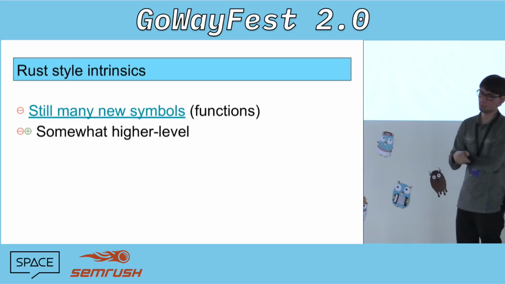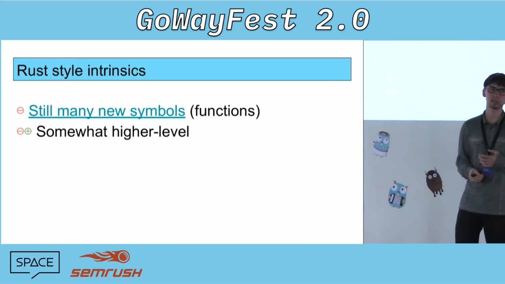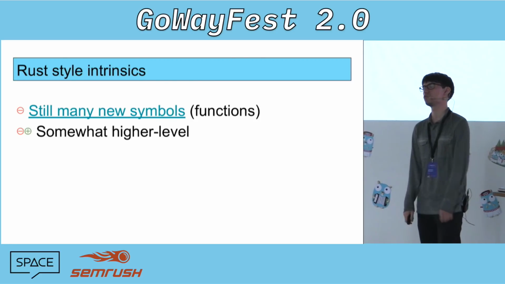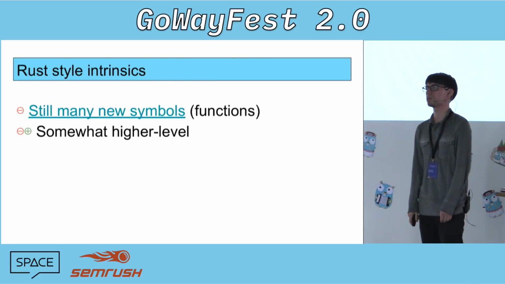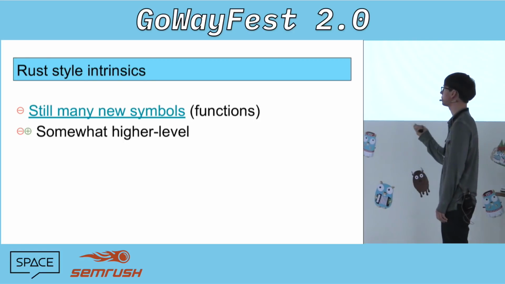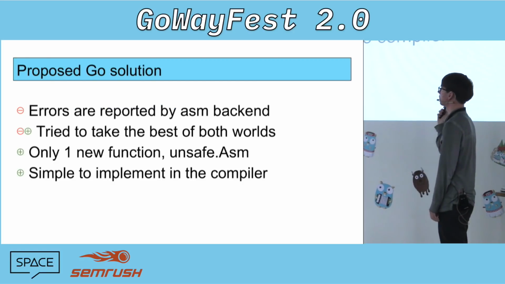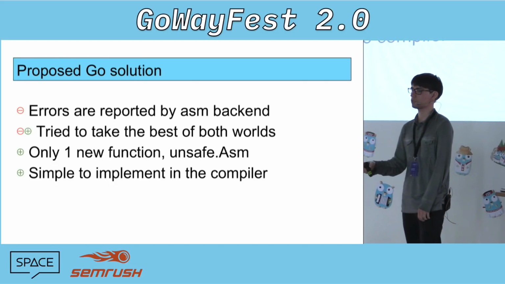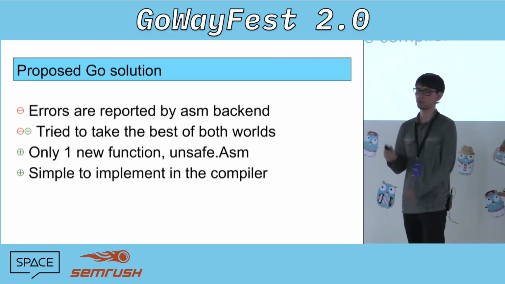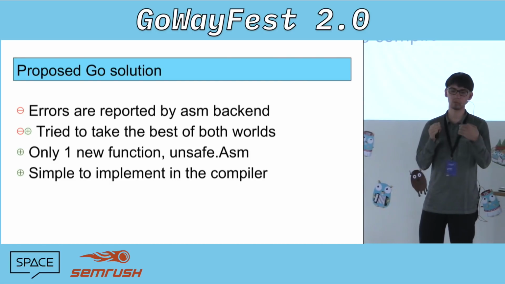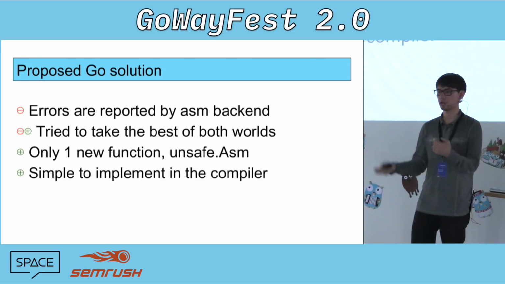Rust gives you more conservative intrinsics. They are like high-level operations over the data. So there are like 200 intrinsics, but in Go it's very limited. Maybe there is nothing you need, really. So the proposal I was writing and implemented the prototype for is like this. You have only one function, and you pass into that function the opcode name and the arguments.